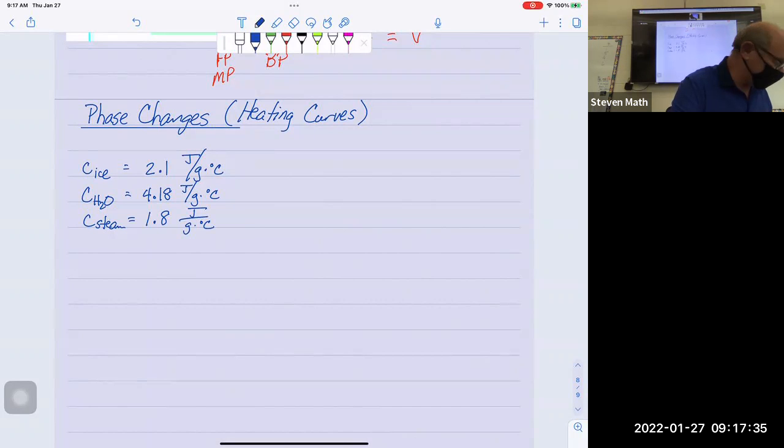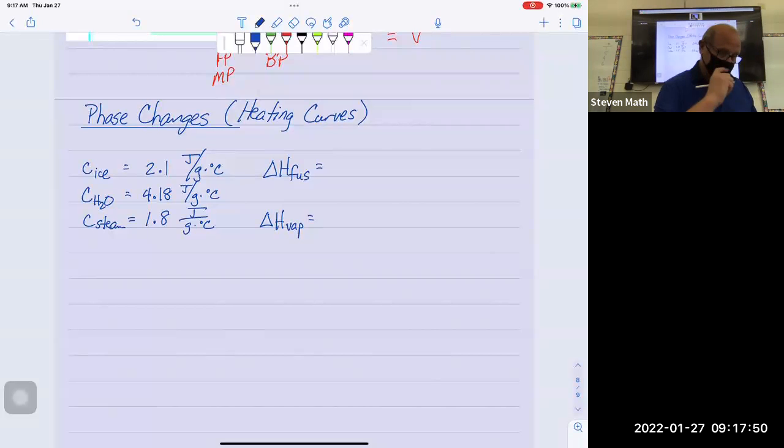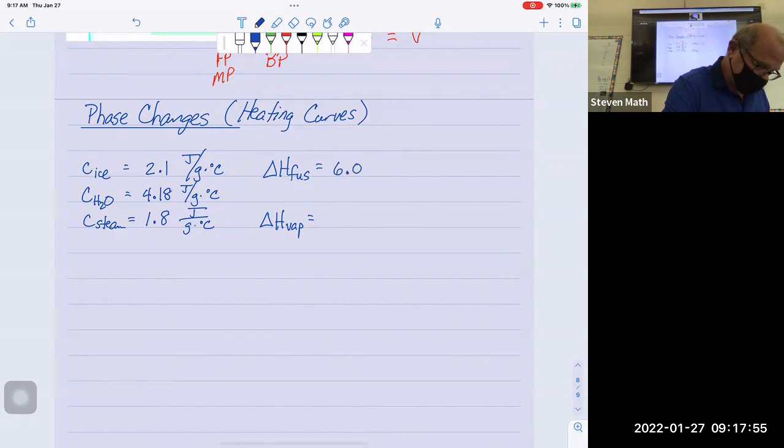And then the other two pieces we need are these guys. Delta H fusion, delta H vaporization. 6.0. Now look at the units they do to you here. 40.7 kilojoules per mole.